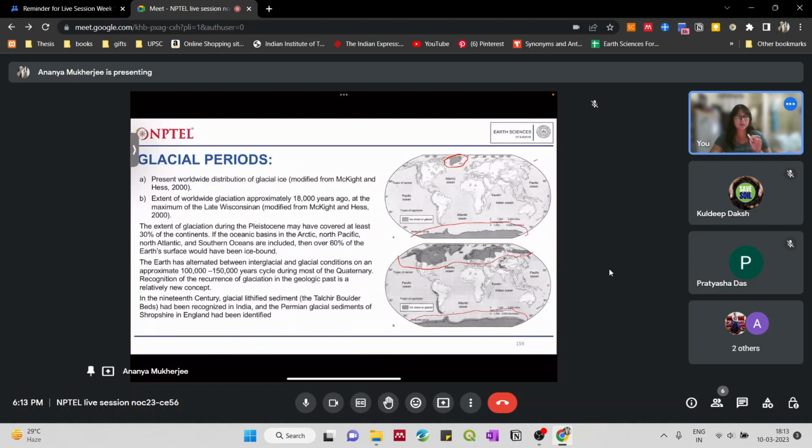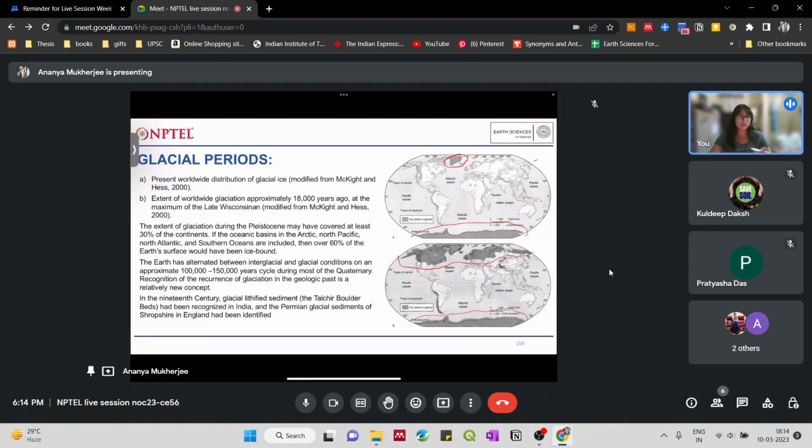Now, as I said, the earth has a cyclic process of glacial and interglacial conditions, and these periods last for around 100,000 to 150,000 years.